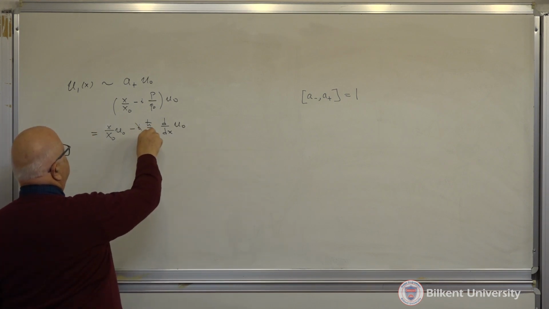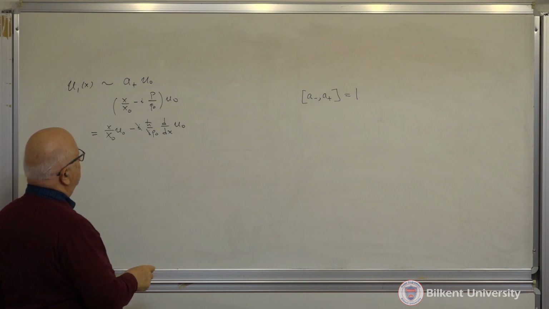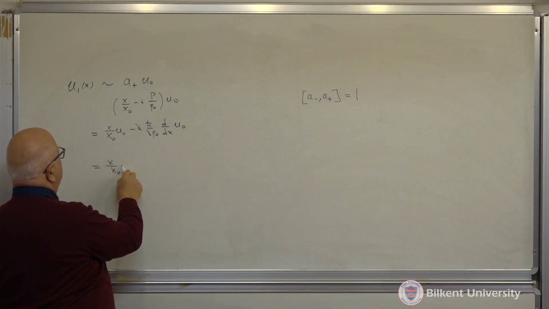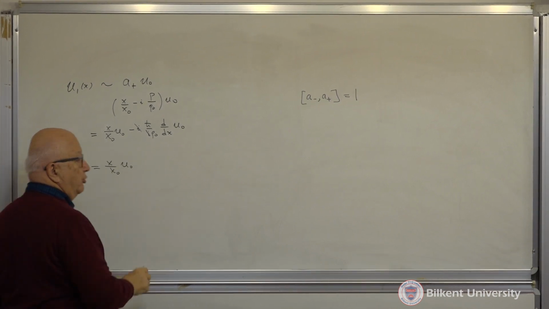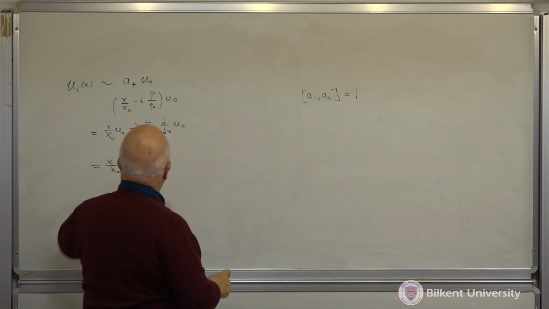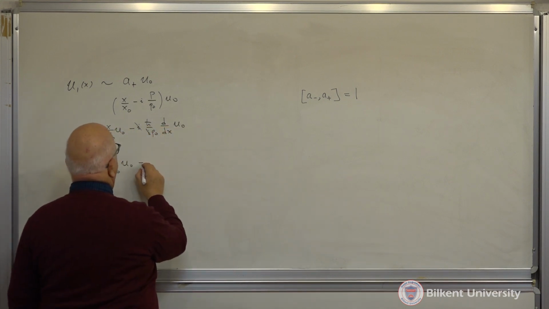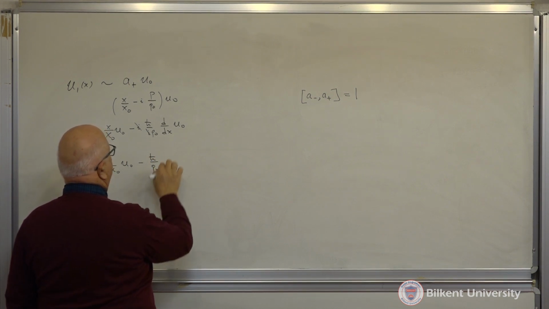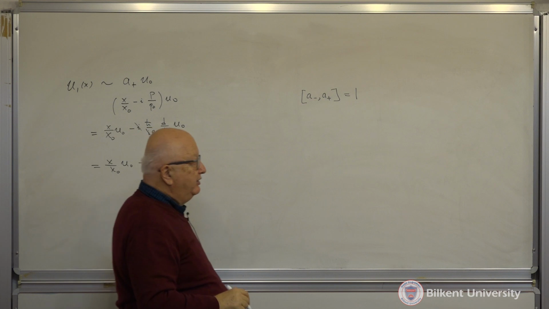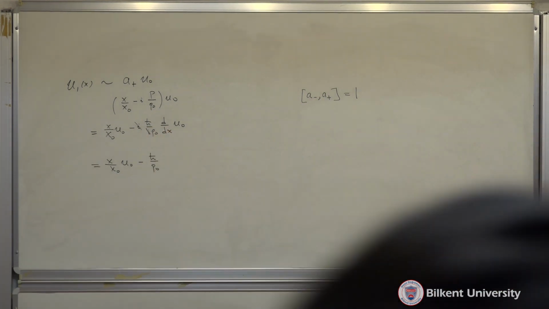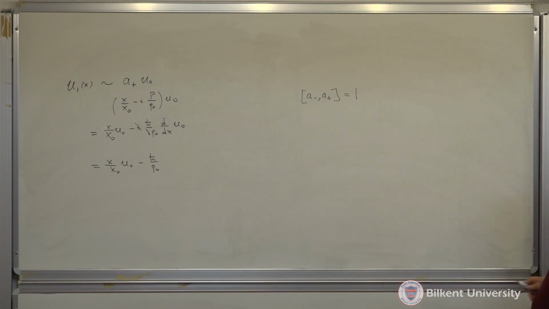Okay, the i's will cancel. So it's going to be x over x0 times u0. Then I have this term, minus h bar over p0 times the derivative of this object. So what is that?